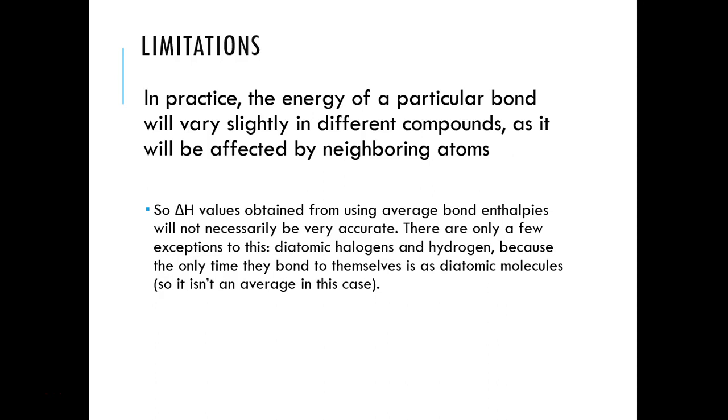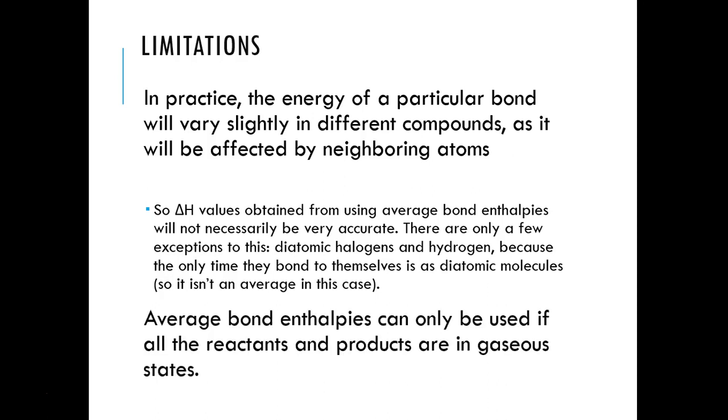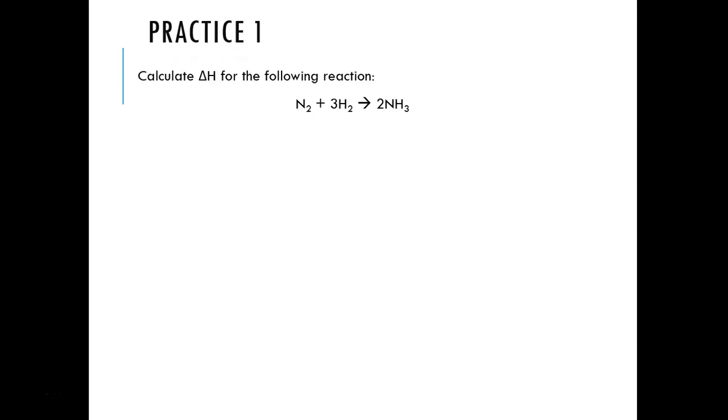Not an average in this case, so those would be more accurate than something that's an average. And these are also in the gas phase. So using average bond enthalpies to calculate enthalpy would not be very effective if we have things that are liquid, solid, aqueous, etc.